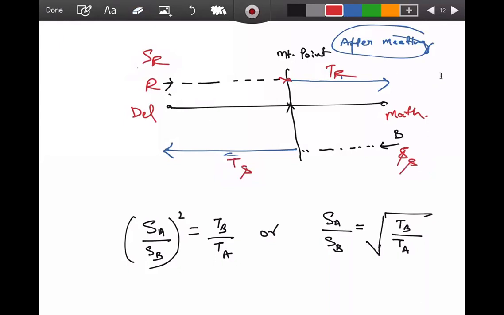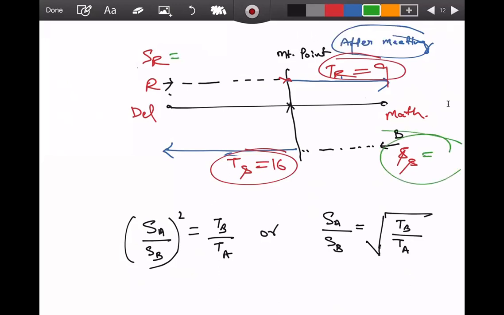After meeting, they complete their journey in 9 hours and 16 hours respectively. So TR is given 9 and TS is given 16 hours. Is this clear? At what speed does Suresh cycle? We have to find the speed of Suresh.